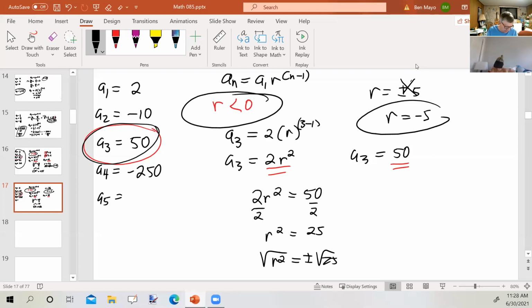So 250 times 5 is going to be positive 1250. Notice when r is negative that the terms alternate in sign. Because when you take a number times a negative number, the answer is going to have the opposite sign of the original number. All righty.